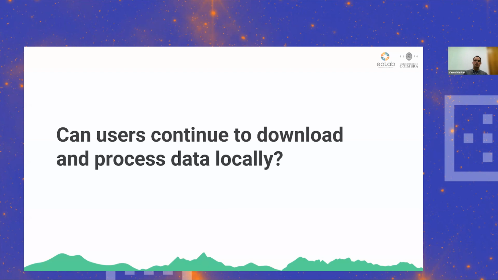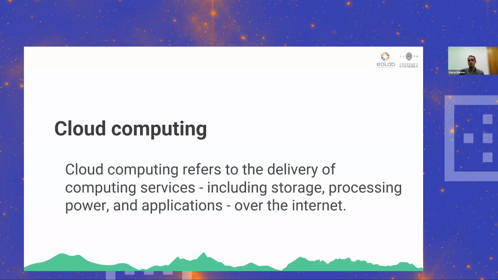Even for Sentinel-2, we have 2 different satellites in that mission collecting data on a global scale every single day. So how can we keep up with this volume of data that is available for research and applications? Cloud computing seems to be the logical answer.